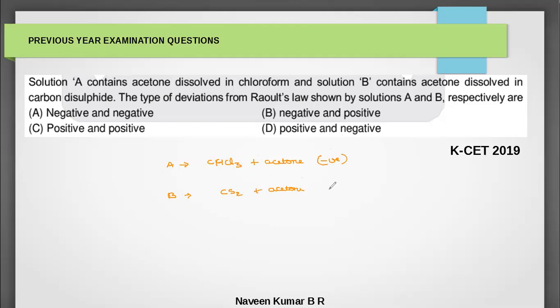Acetone and carbon disulfide will show positive deviation from Raoult's law. Hence A is a negative deviation showing solution, B is a positive deviation showing solution. And from the given options, the correct answer is option B.